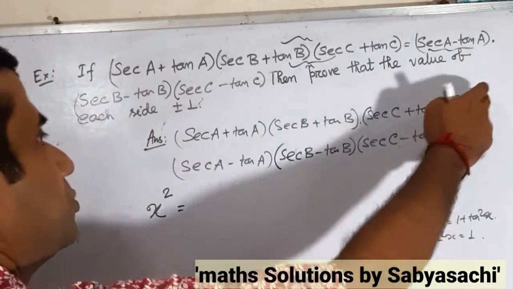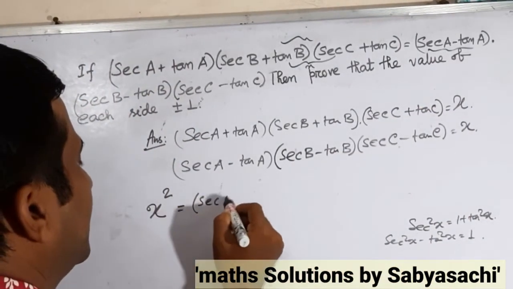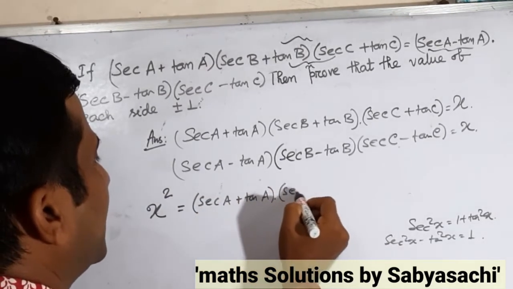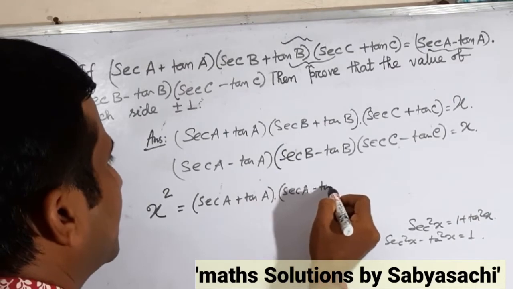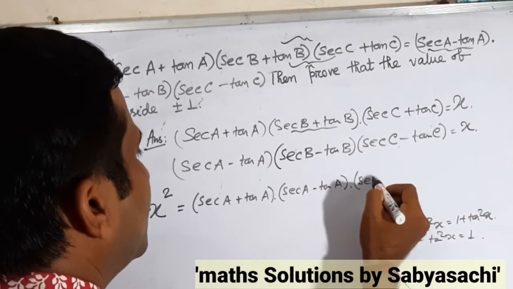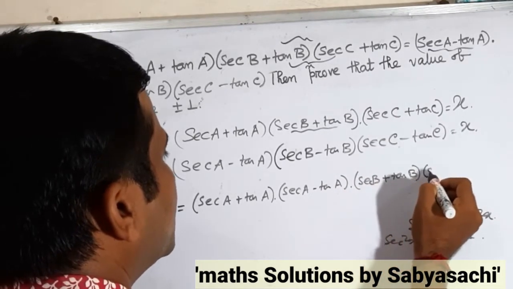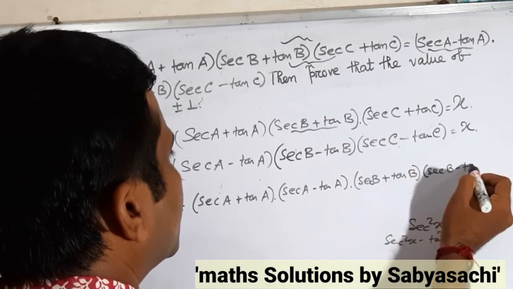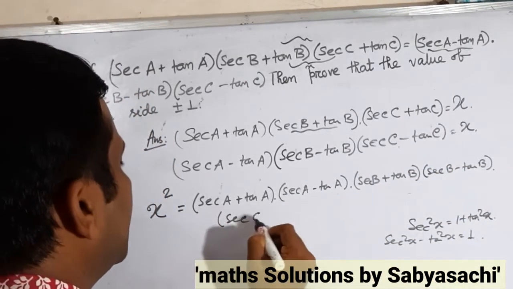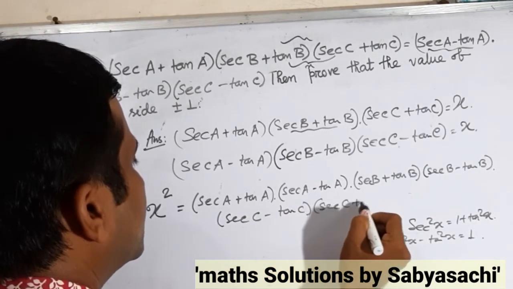Now multiplying these two, x into x means x square, we get (sec A + tan A)(sec A - tan A), again (sec B + tan B)(sec B - tan B), and (sec C - tan C)(sec C + tan C).